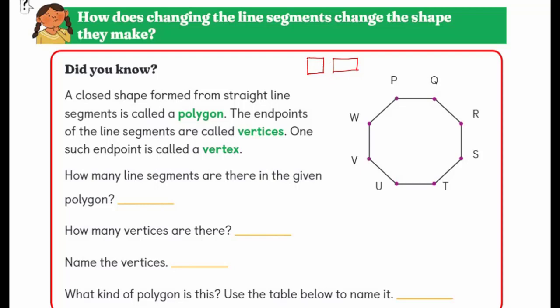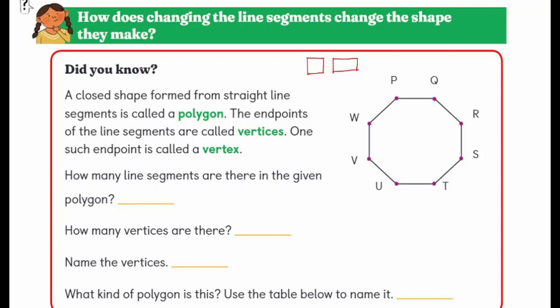If we take line segments of the same length, we will get one shape. If we take different lengths of line segments, we will get a different shape. So changing the line segments changes the shape they make. Did you know a closed shape formed from straight line segments is called a polygon?